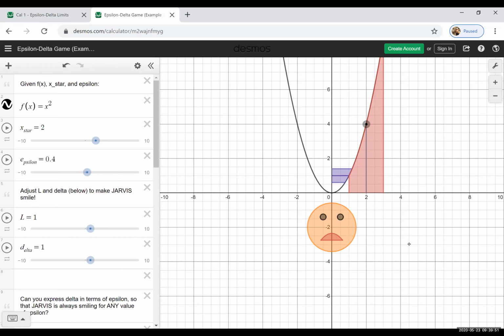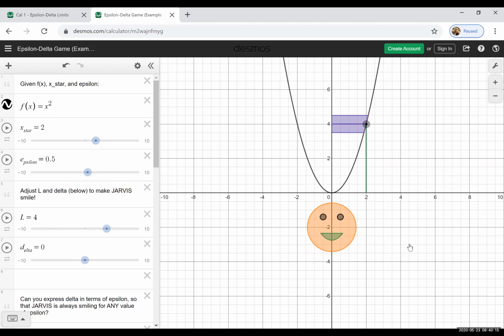I'm sliding it, so I've got to be a little more careful there. There we go. And let's say we knew our limit. We wanted it to be at 4. Then you could slide your delta back and forth. And when you make this guy smile, it means you're within the right bounds. Right there, so you can play with that.